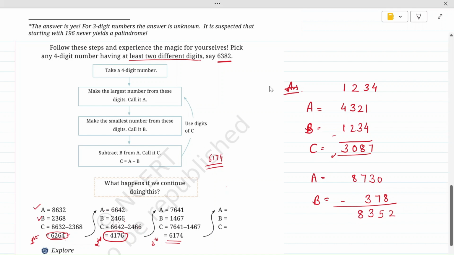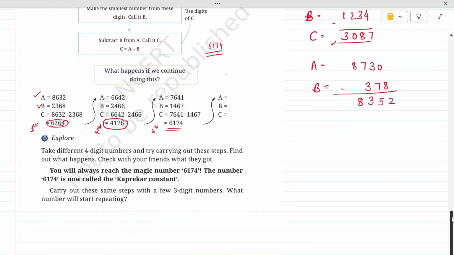Again, this is not the Kaprekar constant, so we will have to repeat the steps. We have 8352 as the number. Now let us find the largest number from this, which will be 8532, and the smallest number here will be 2358.